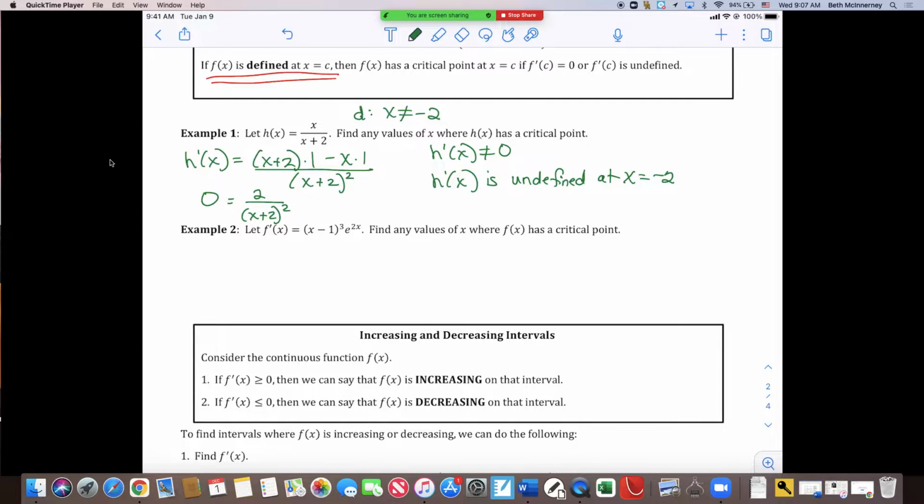It's not part of the domain of h of x, the original function. So there's no critical point because h prime of x never equals 0 and x equals negative 2 is not in the domain of h of x.